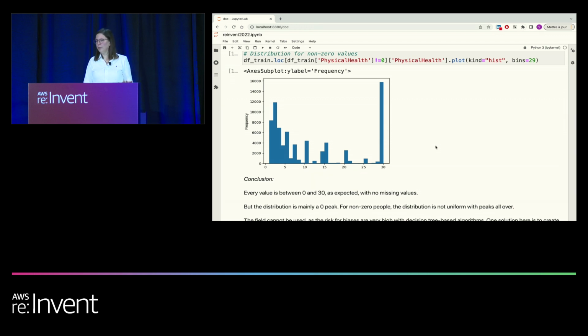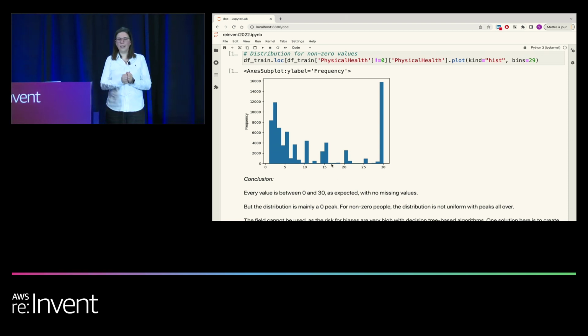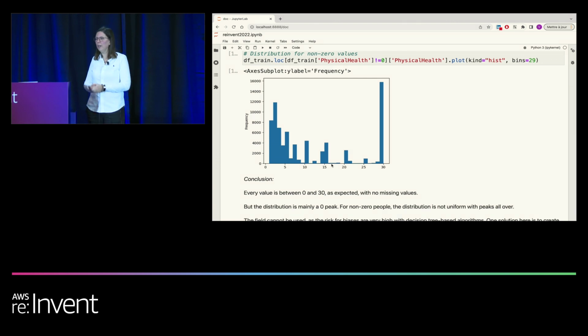And you will not be able to use that kind of field, because with this kind of feature, you will have biases at the end, because maybe because there is only one person with 17 days sick, the model will learn that for 17 days, exactly 17, you can say that you will have or not a heart disease regarding the only people you have in this category. So you cannot use that.